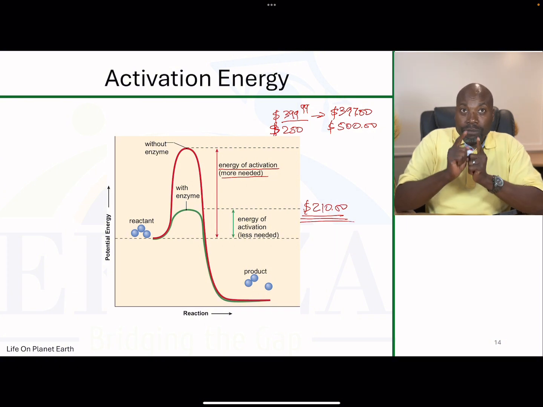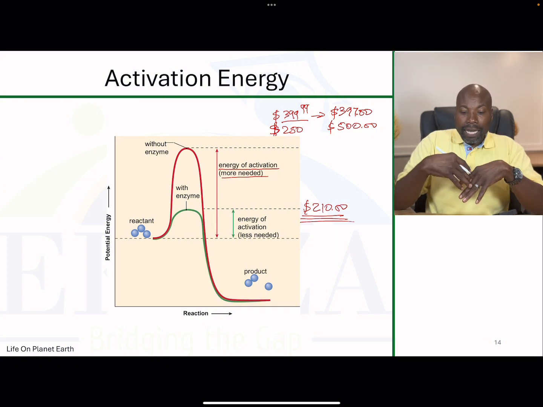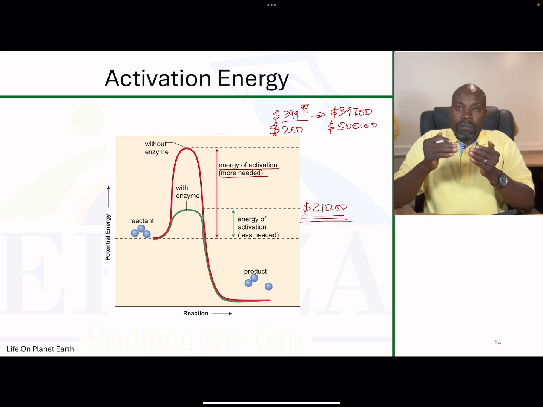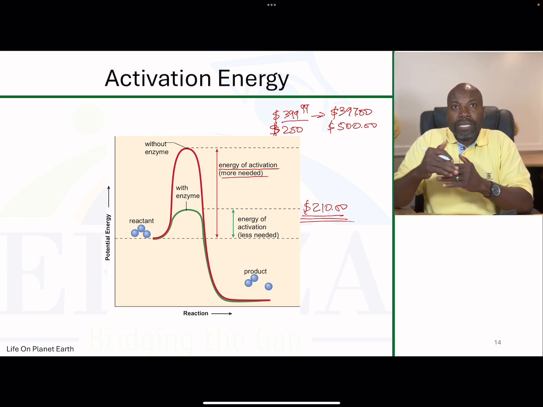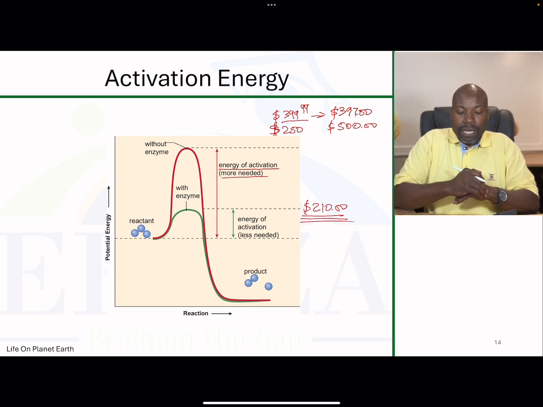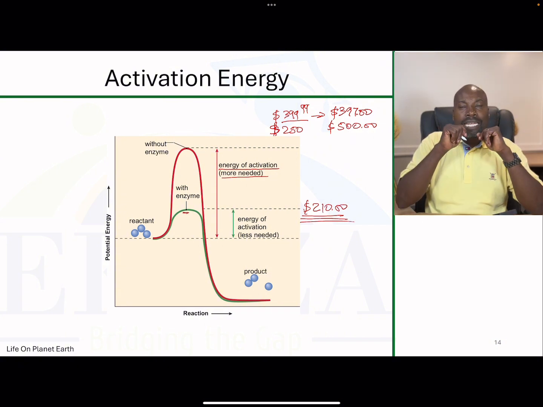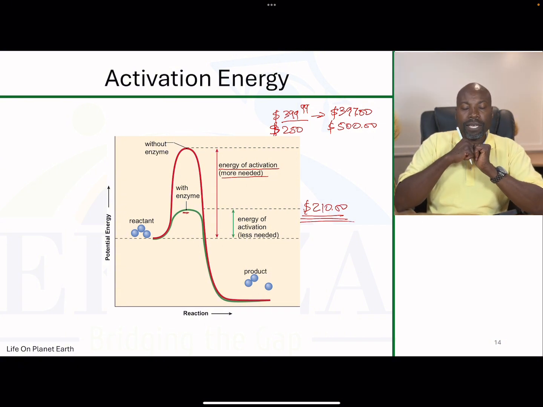So enzymes in the cell are acting like these discount agents, right? They are decreasing the amount of activation energy that is needed for a chemical reaction to occur, right?